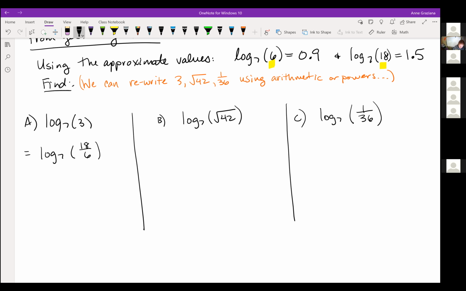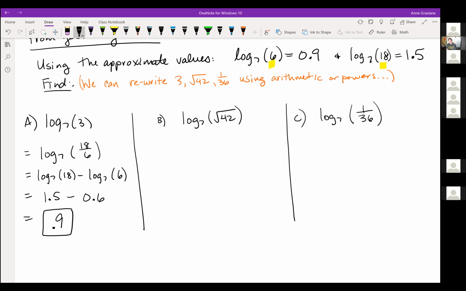Now once I have this, I can use my quotient property, and I have log base 7 of 18 minus log base 7 of 6. Now that it's expanded out, I can just plug in those numbers. So this is 1.5 minus 0.6, which is 15 minus 6 is 9, so it's going to be 0.9.